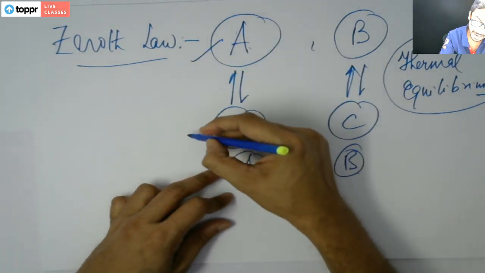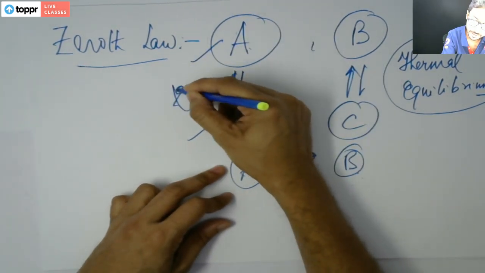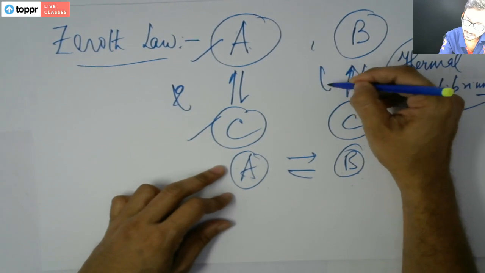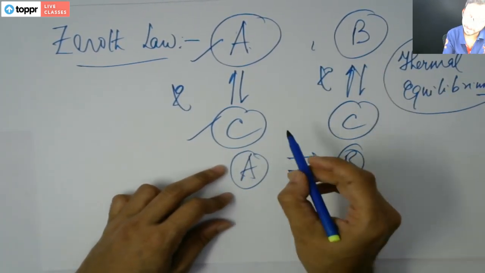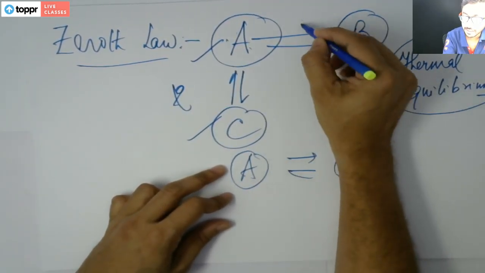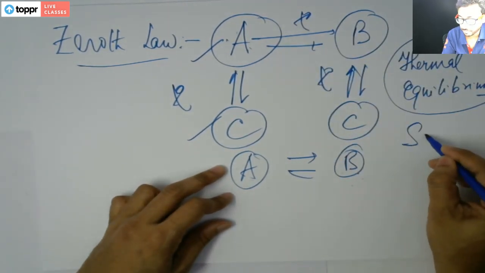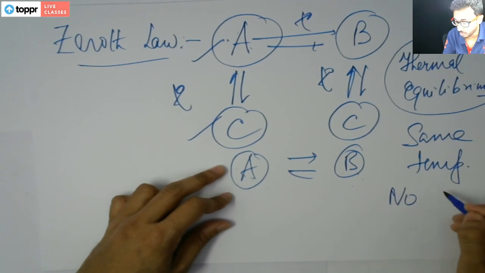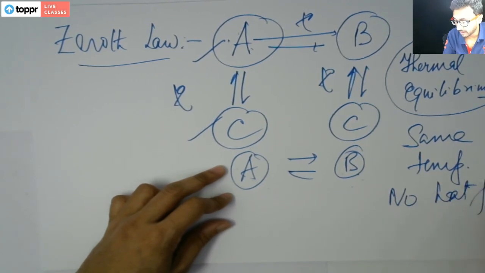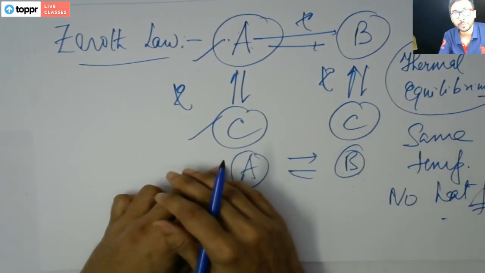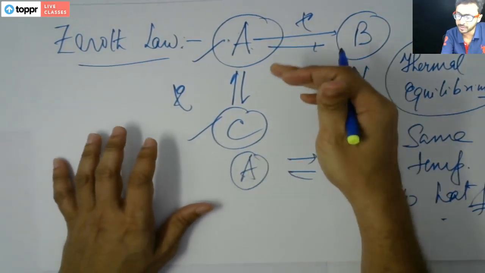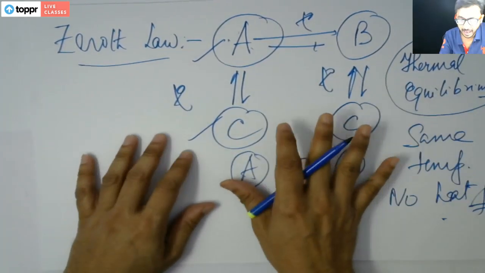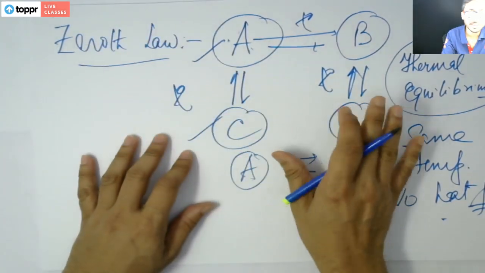So if A and C are at the same temperature, and B and C are also at the same temperature, then definitely A and B will be at the same temperature, with no heat flow. This is a very obvious thing. You can just equate it with some numbers, and we have termed it the Zeroth law.